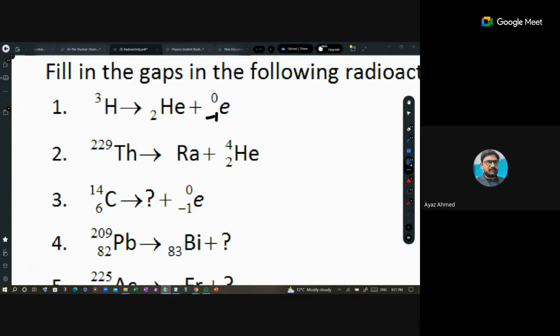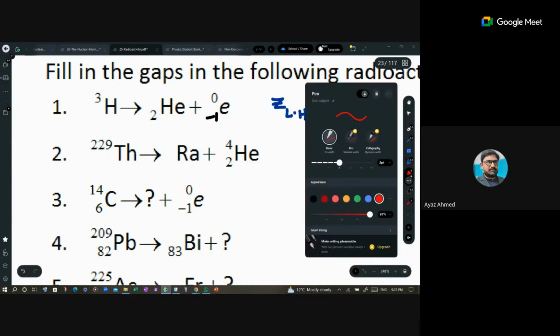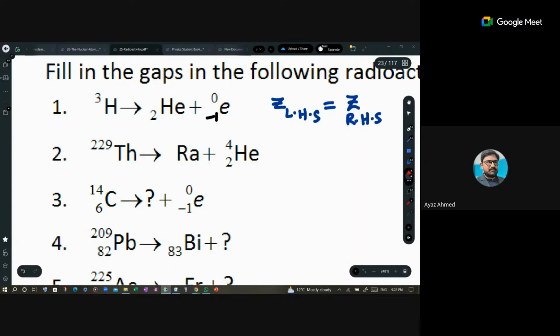I told you that all the Z's on the left hand side should be equal to the Z's of the right hand side. Why did you not notice that? Over left hand side and right hand side Z should be the same.